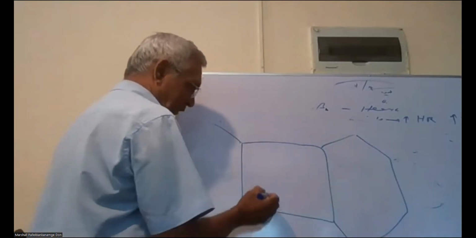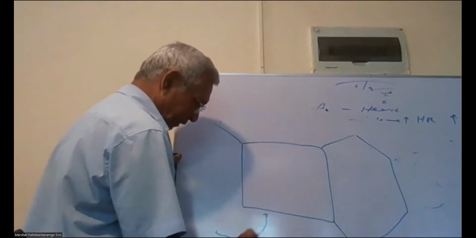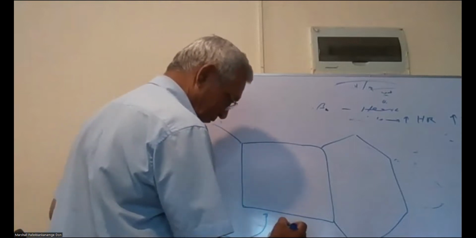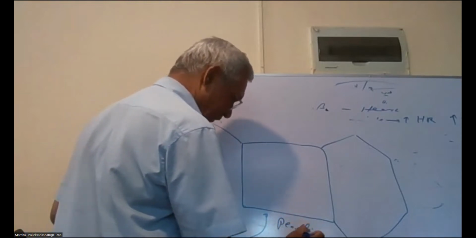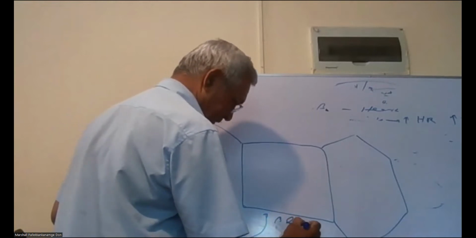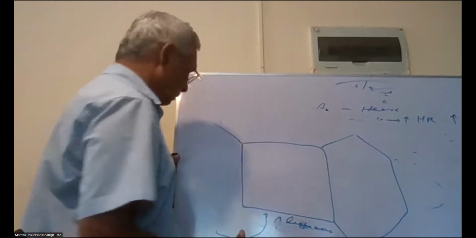This beta-lactam ring is attacked by penicillinase, this part. Beta-lactamase is produced by bacteria.